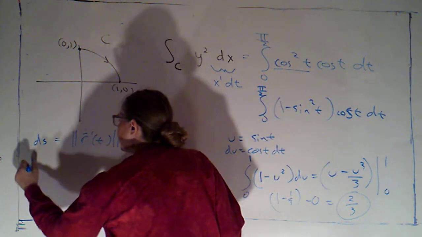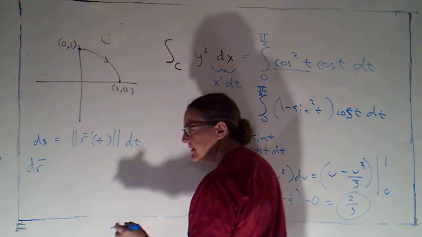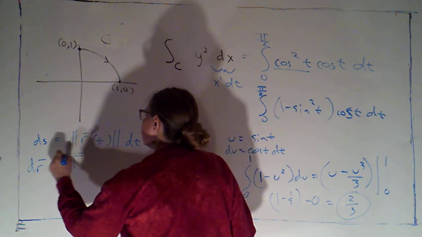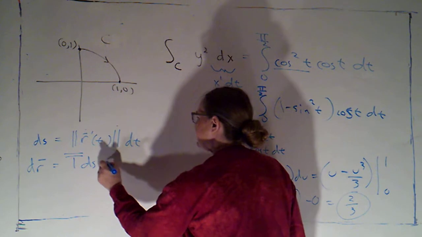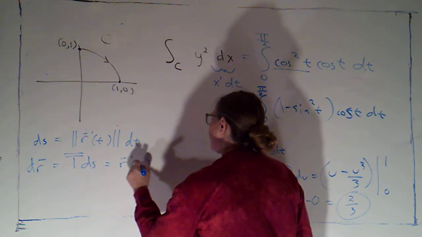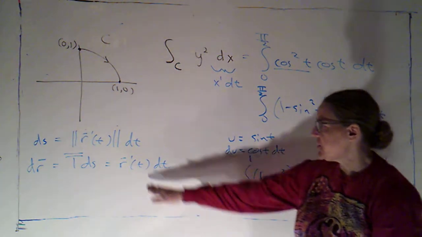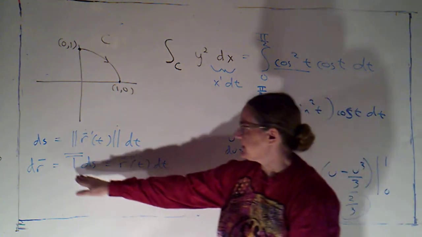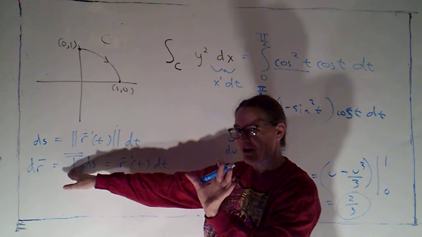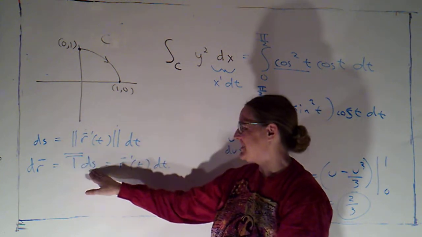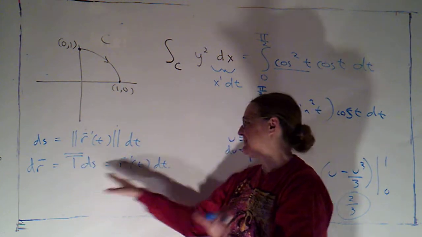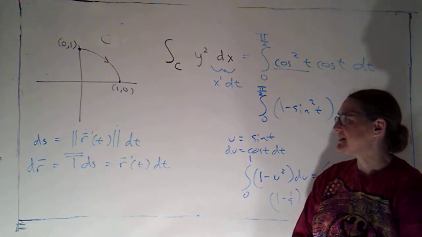If I'm integrating dr, that's the same as T ds, and that becomes r prime of t dt. No magnitude there, because essentially the T is r prime divided by its magnitude, and then the ds gives me a copy of that magnitude, and those cancel.